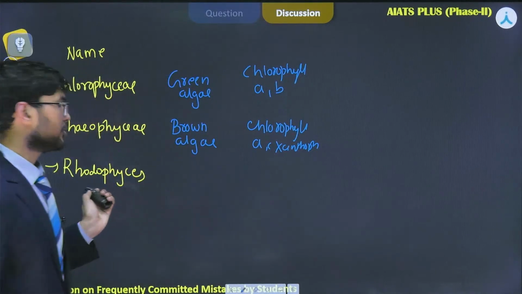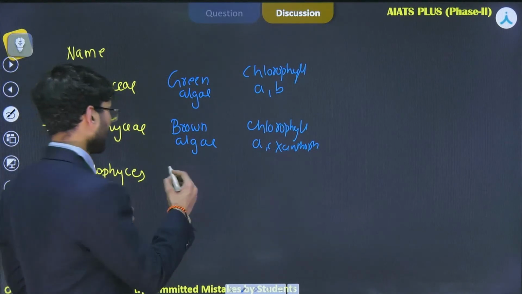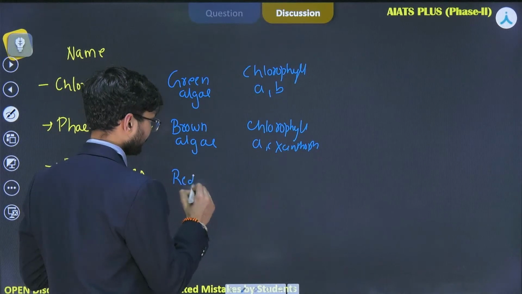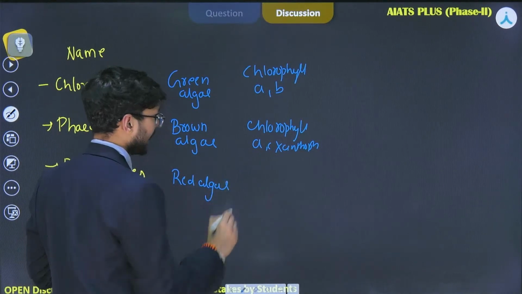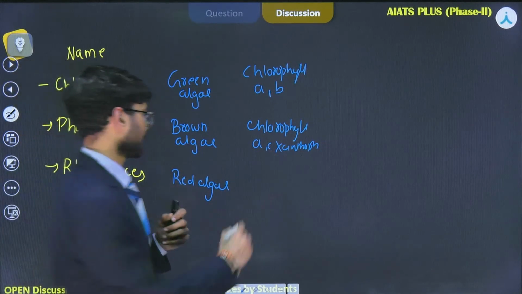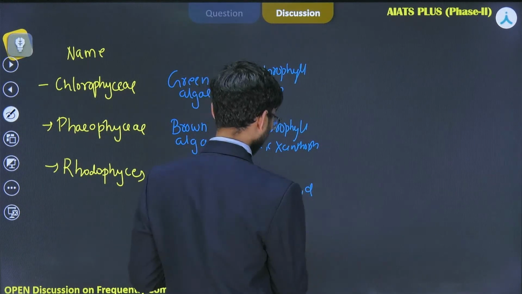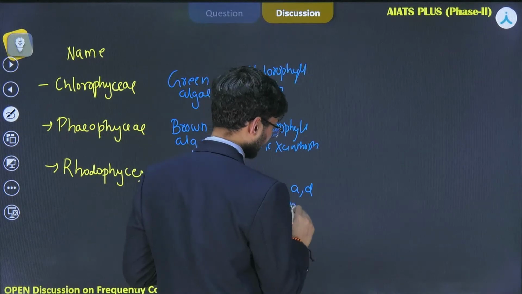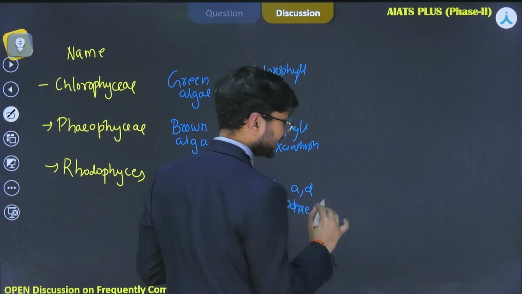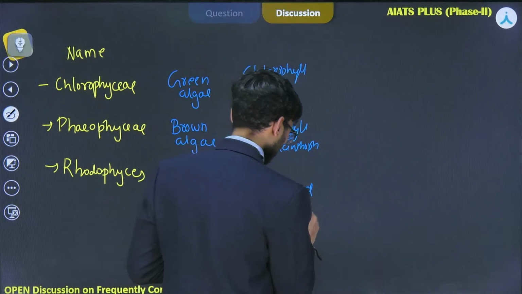While in case of Rhodophyceae, they are called red algae, and in red algae, chlorophyll A, D and phycoerythrin, which provides the red pigment to the Rhodophyceae members.